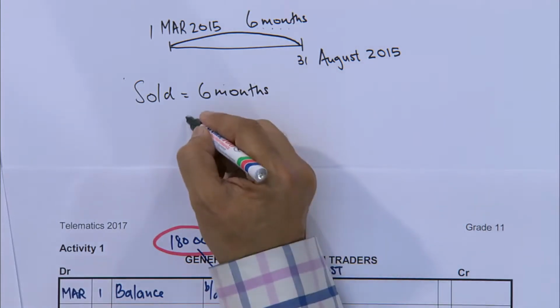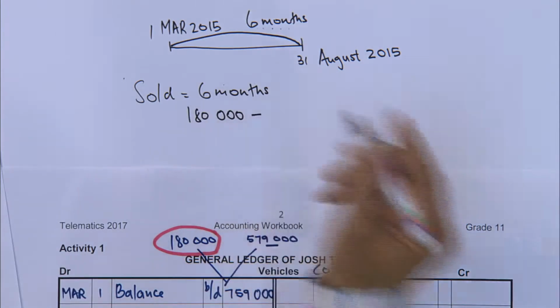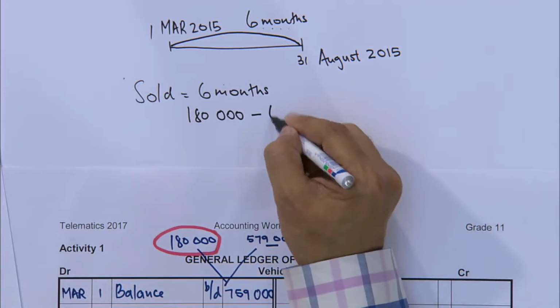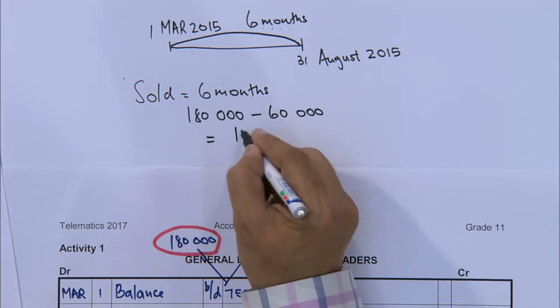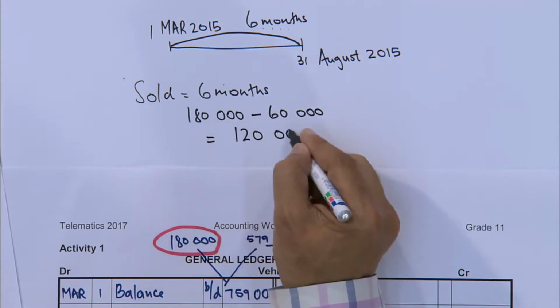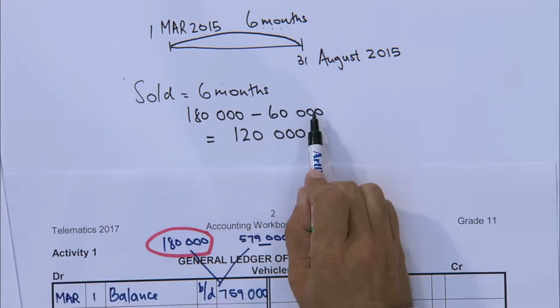It will be 180,000, that's the cost price, minus 60,000 gives me a total of 120,000.